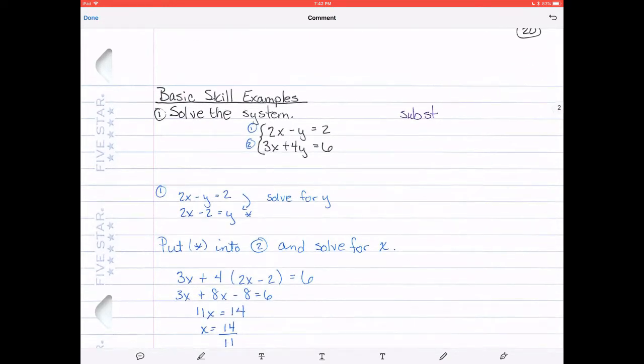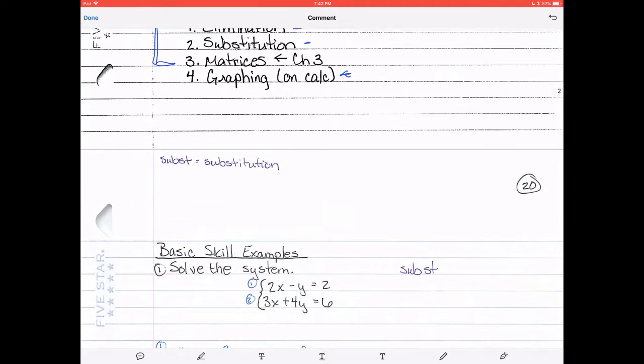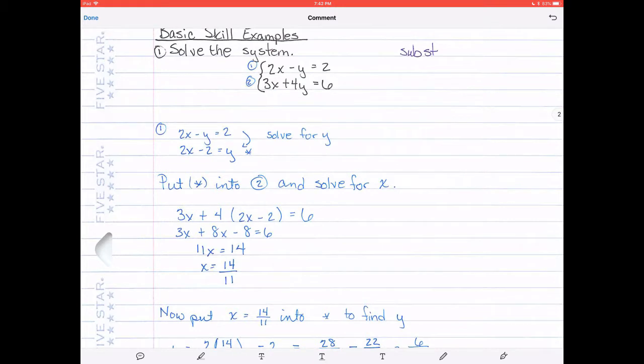Now, the first one we're going to do is by substitution. And this is the most common one, and it's the one that most people do. What I have found is that people are told that you always use this one, that it doesn't matter, you always use substitution.